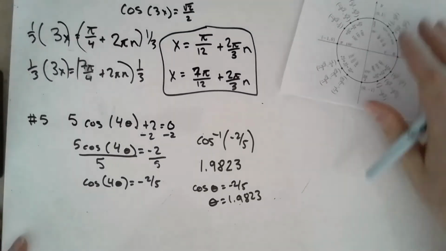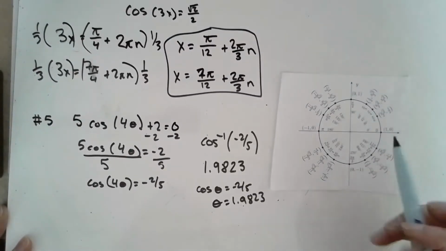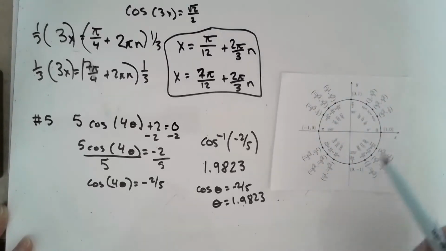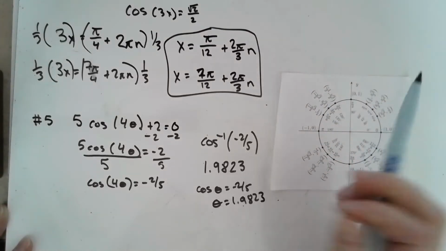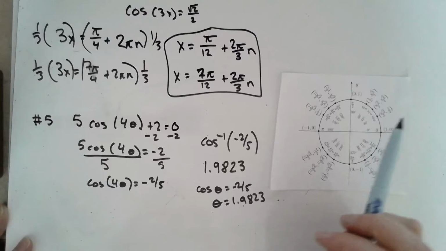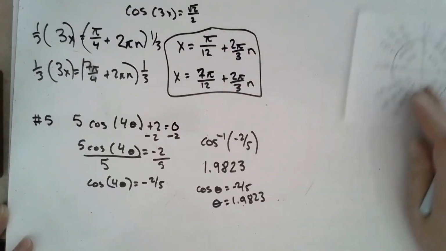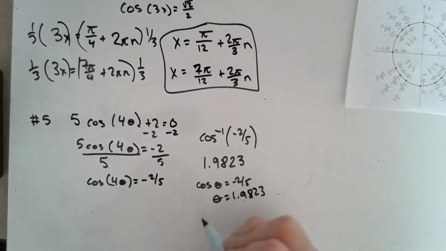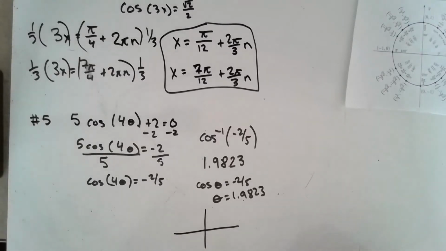So we know from the unit circle that there are two solutions, right? For every cosine, there's going to be two solutions, 0 to 2 pi, and they don't have that nice steady pattern to each one. So if I was to draw this, 1.9 would be, I don't know, what quadrant would that be?